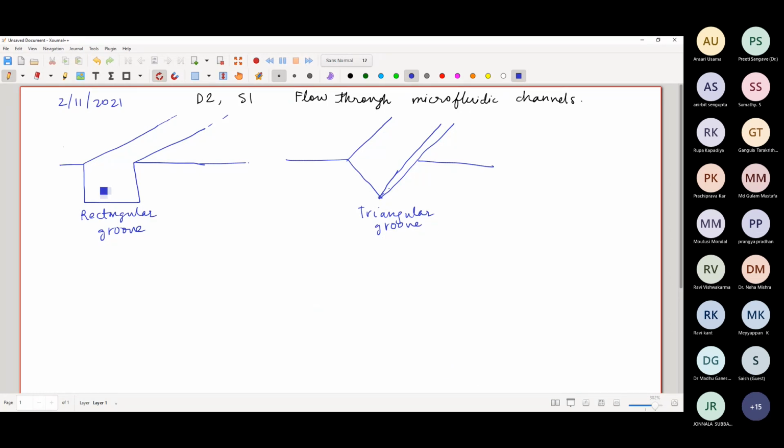And then you bond it from the top with glass. If I look at the thing from this side, this is the rectangular groove and there is a glass layer on the top.